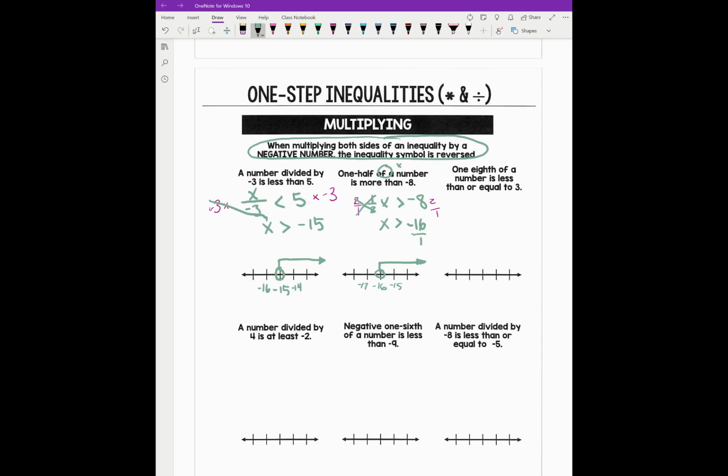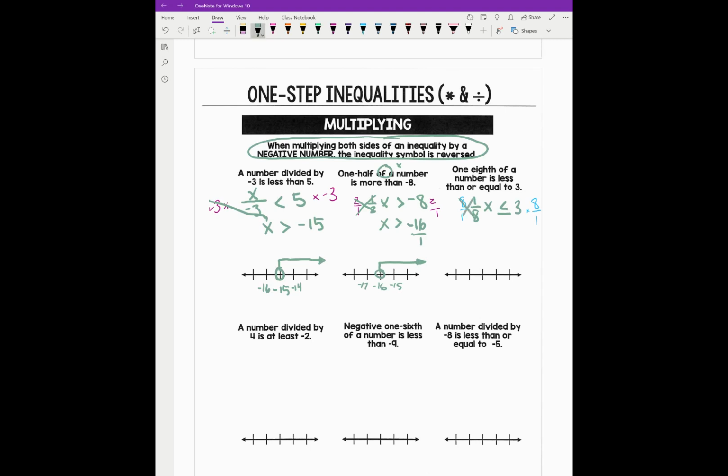My third one, 1/8 of a number is less than or equal to 3. So remember, 1/8 of a number, so multiplying by some variable of your choice, is less than or equal to, so I need that line underneath, and I'll put the 3. One step to solve, I'm going to multiply by the reciprocal, so 8/1.